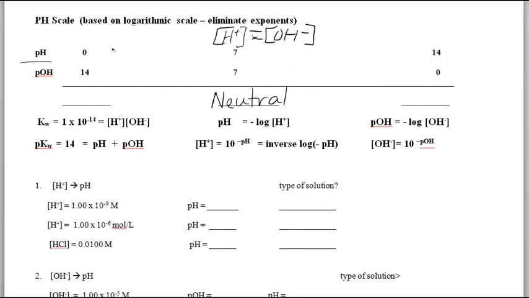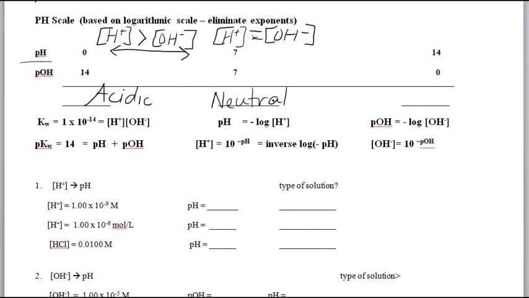Look at right here, pH below 7. What happens then? I have more hydrogen than hydroxide. So if you have more hydrogen concentration than hydroxide, we say below 7 is acidic. So anything below 7 is considered an acidic solution.